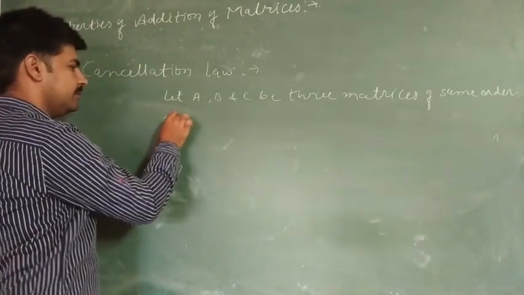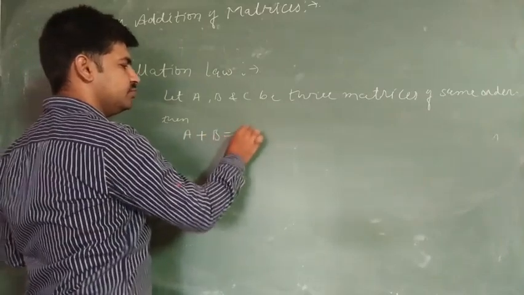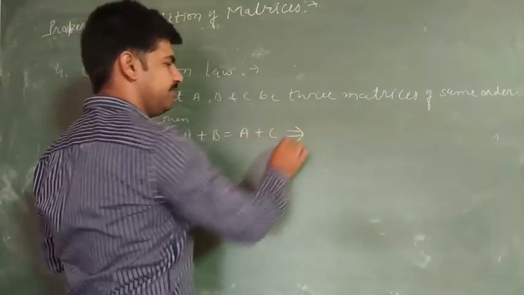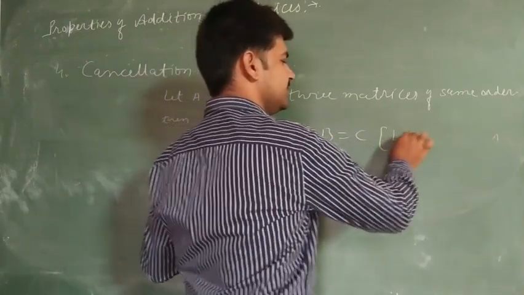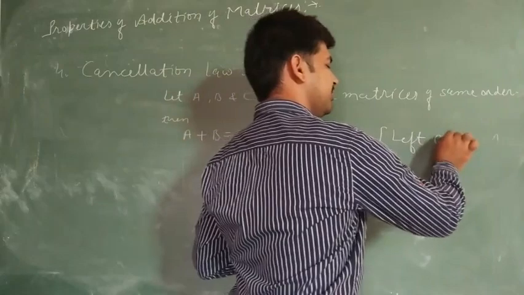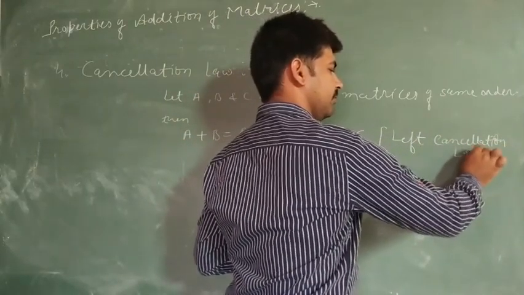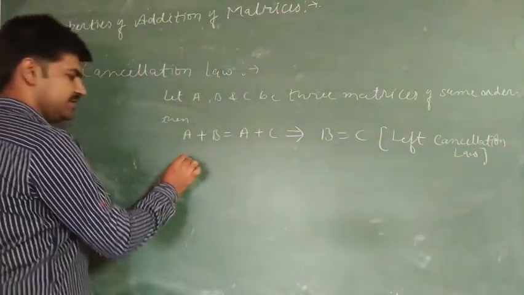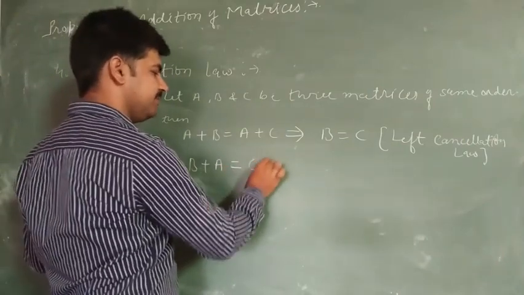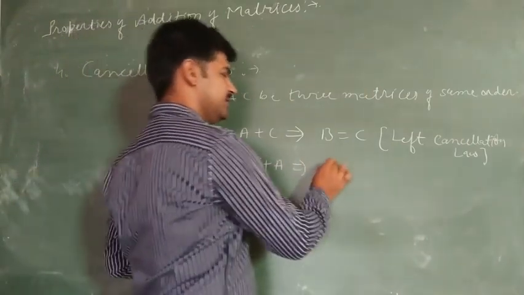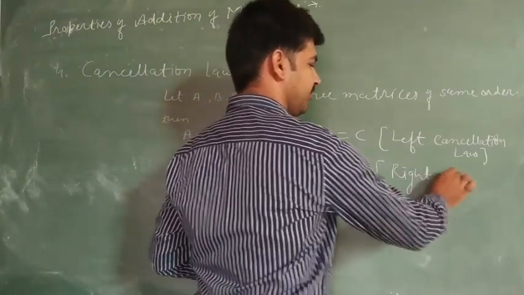Then A plus B is equal to A plus C implies that B is equal to C, and this is called the left cancellation law. And the next one is B plus A is equal to C plus A implies that B is equal to C. This is the right cancellation law.